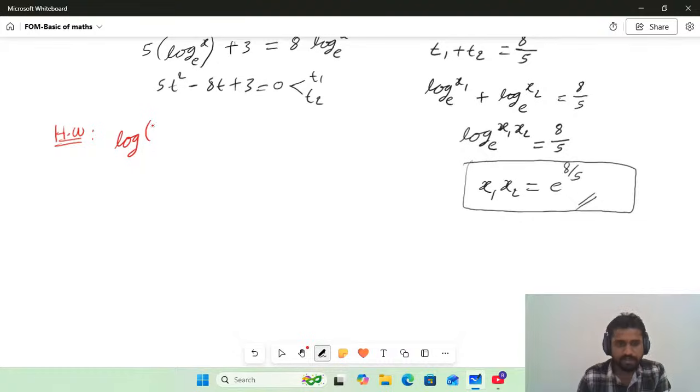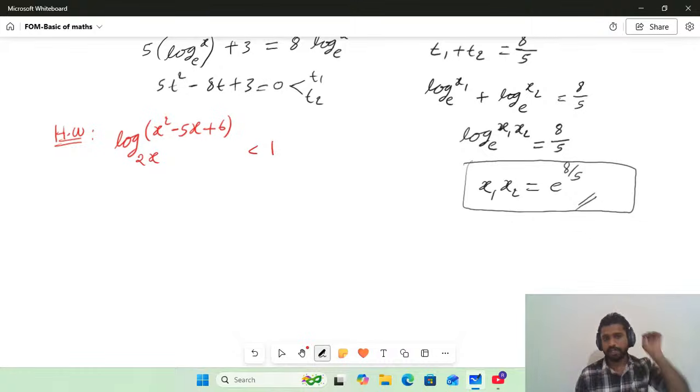The question is: log of x square minus 5x plus 6 to the base 2x is less than 1. Try to solve this question as homework.